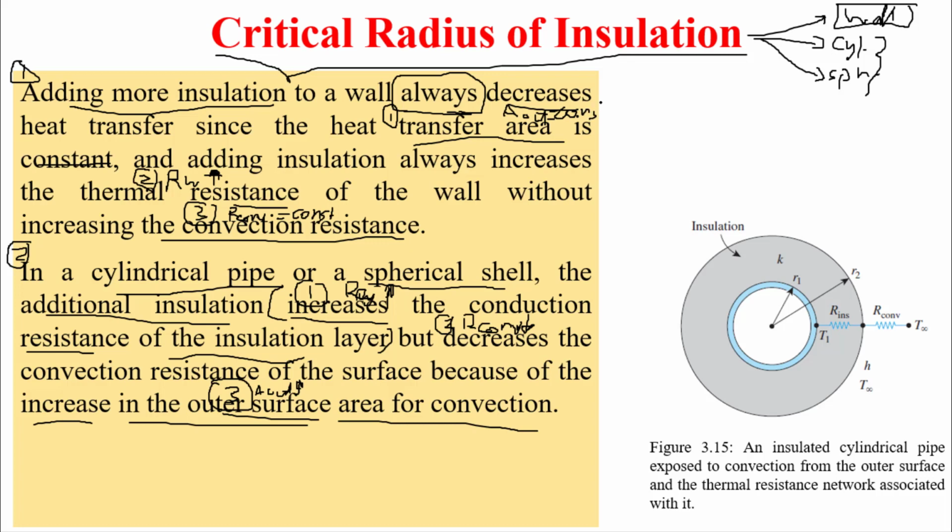Why, when we add insulation to a wall, it's good, but here, if you keep increasing the thickness up to the critical point, then this insulation will work in the opposite function.